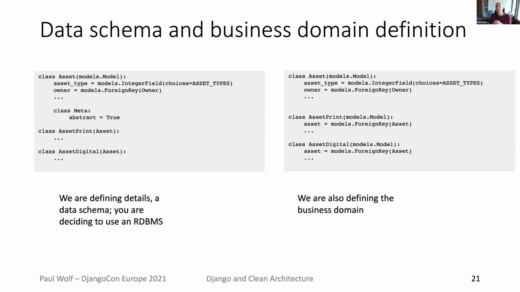I would just have three models, whereas I'll have three tables, whereas on the left, I'll have two tables. And the point here is I'm making decisions about the data schema, and that is absolutely a detailed decision that really shouldn't have anything to do with the domain. This is really important.